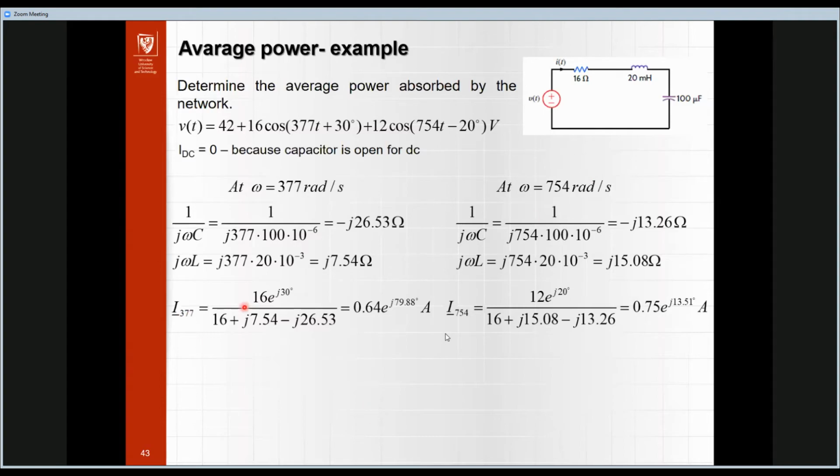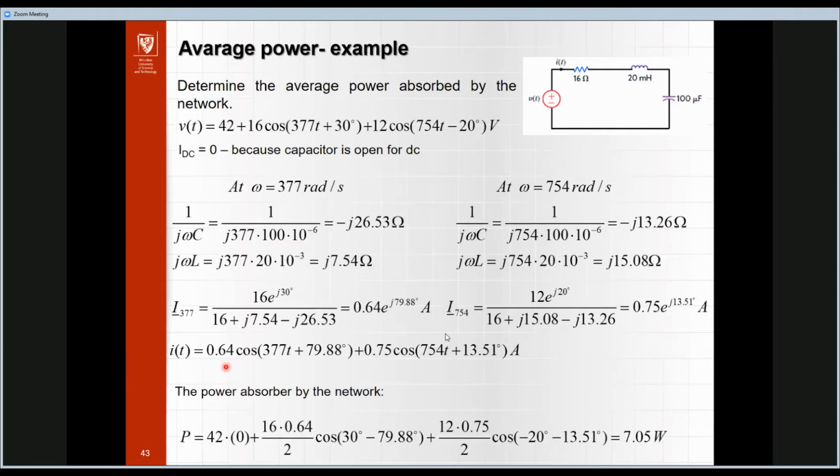Okay, so we have here the currents, and now we can write as a function of time the power absorbed by the network, using the previously solved equations. We have here the voltage.